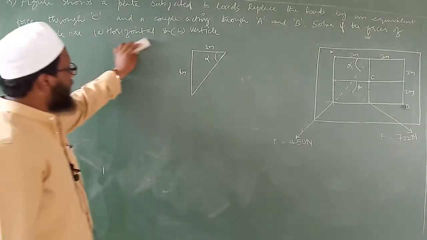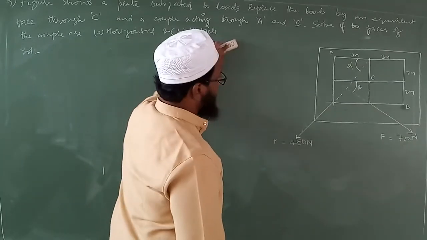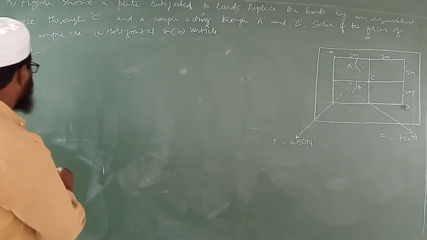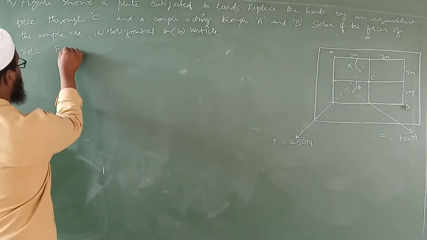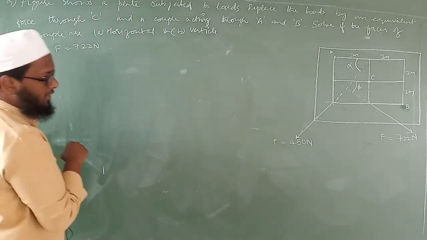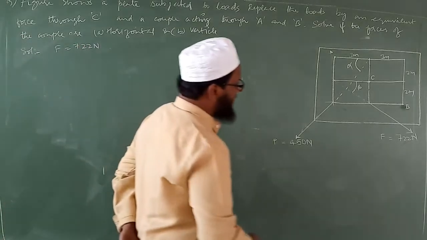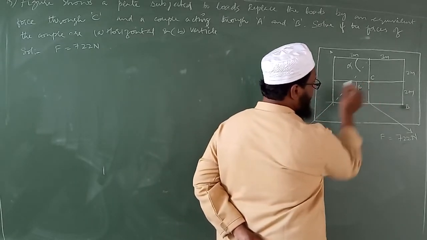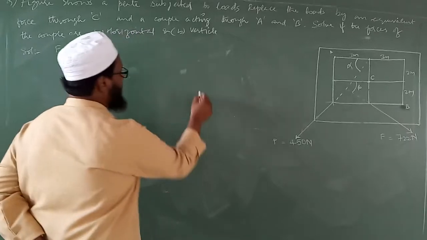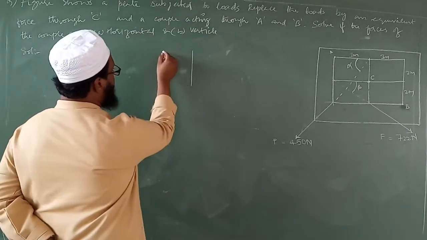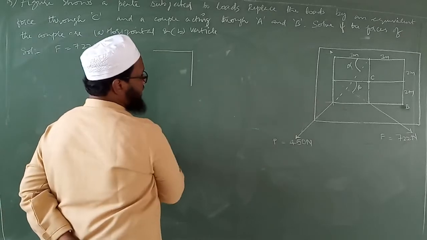So now we will go for the calculation of Fx and Fy. What is the value of F? 722 newtons. For this also, we are forming a right angle triangle over here, isn't it? This is a vertical line, then we have a horizontal line like this for the triangle.